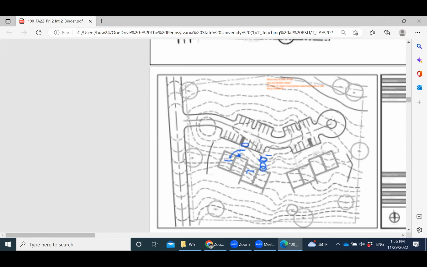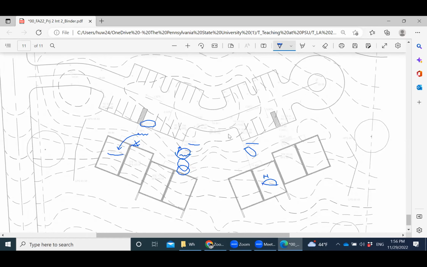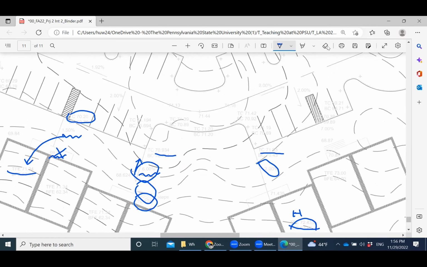So let me zoom in and go over with you one more time. Okay, better now. Let me try to clear this.